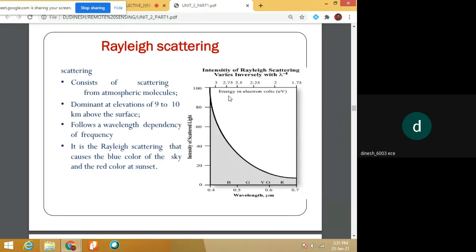It is 2.5 electron volts at 0.5 micrometer wavelength, and at red, or 0.67 micrometer, the energy is only 2 electron volts. So this is your Rayleigh scattering intensity variation.